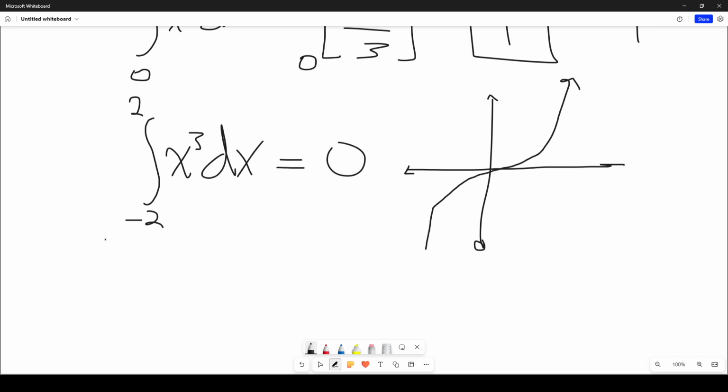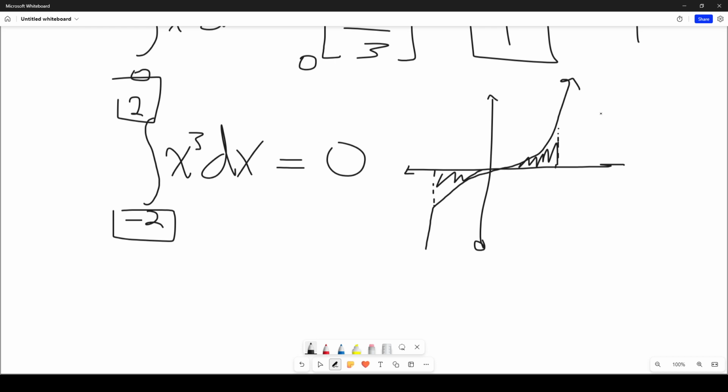If you notice something, I wrote a negative 2 and a 2. What this looks like is something like this, right? You're summing up this area. But what you might notice is that it quite clearly is 0 because there's a certain symmetry to x cubed, right?